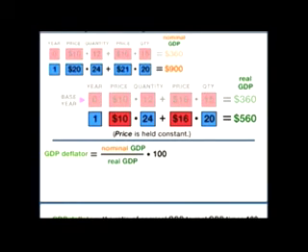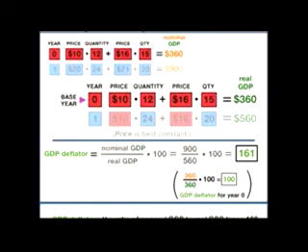To calculate the inflation rate now, we have to see how the GDP deflator has changed between the 2 years. So we now want to do a percentage change calculation. So let's do that. 122 is the GDP deflator for the year 2001. What's the year 2000 GDP deflator? Well, it's the base year. So in the base year, the GDP deflator is always going to be 100% because you're comparing that year with itself.